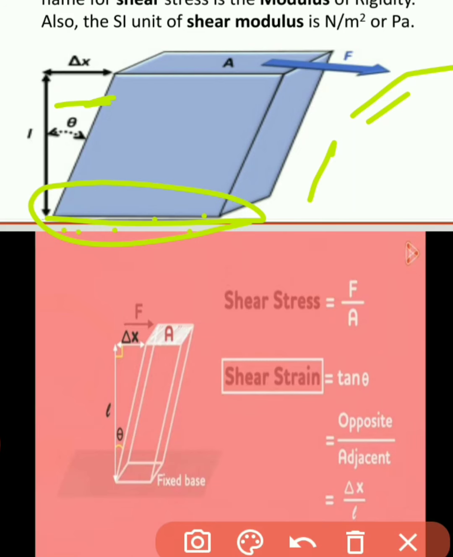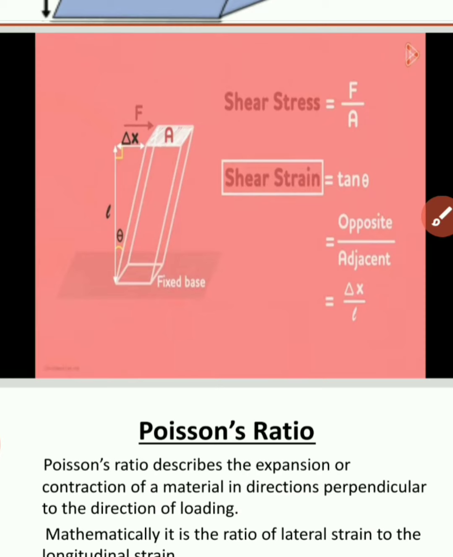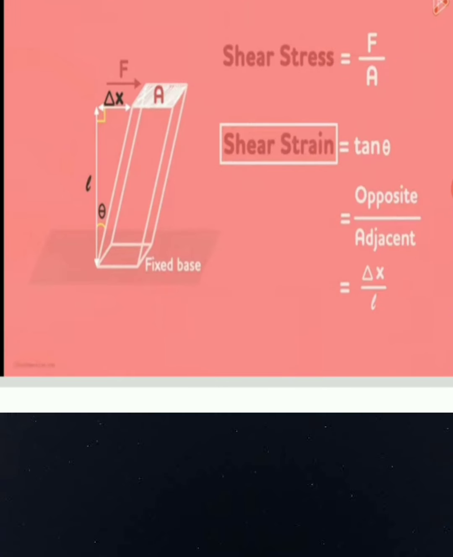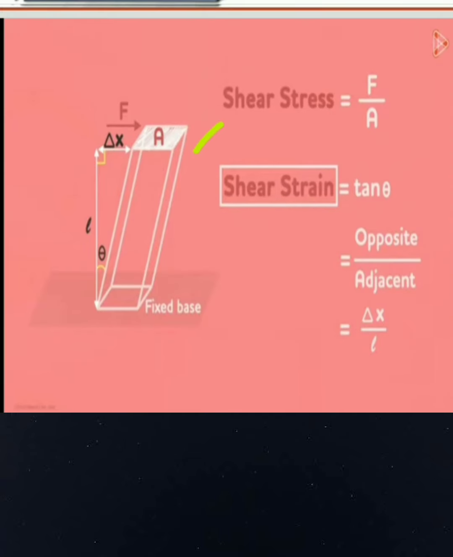Mathematically, shear stress is F upon A, where F is the tangential force and A is the area of cross section where the force is applied. Delta x is the displacement from the original position to the new position, and theta is the angle at which displacement takes place.